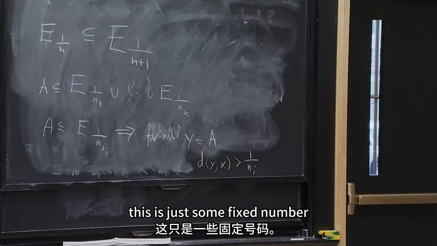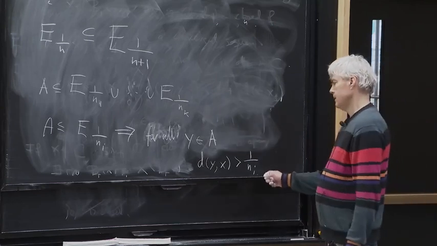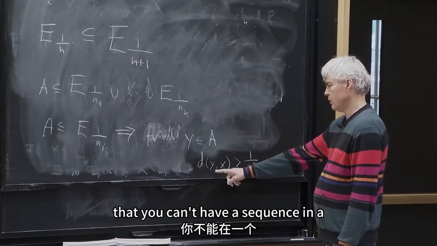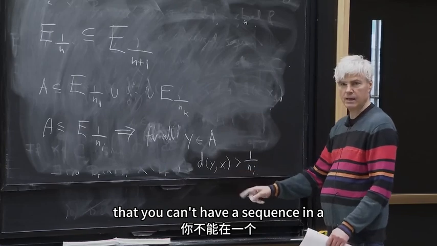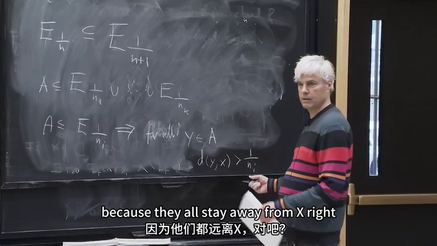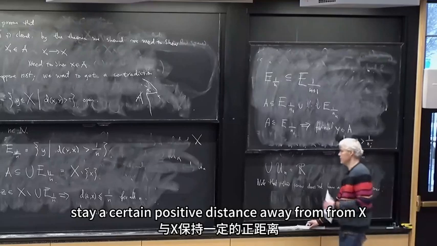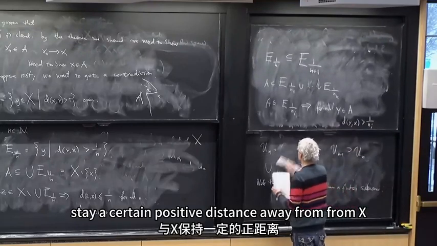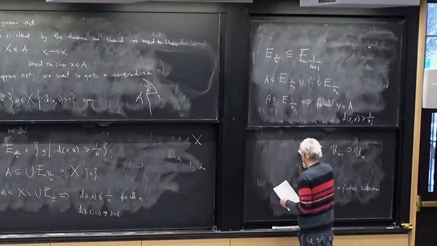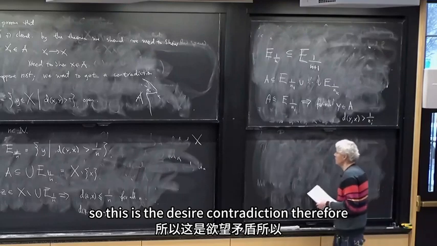This is just some fixed number, right? But this means that you can't have a sequence in A that is converging to x, right? Because they all stay away from x, they stay a certain positive distance away from x. So this is the desired contradiction.